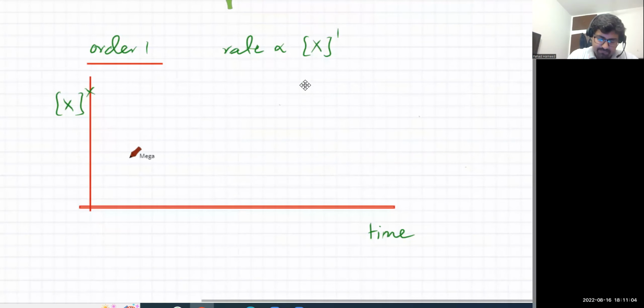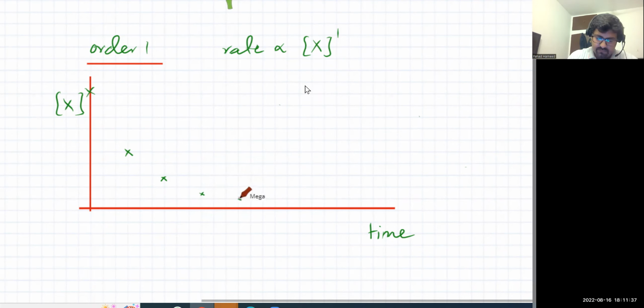First it's this one, then it's this. So most graphs would follow this pattern.